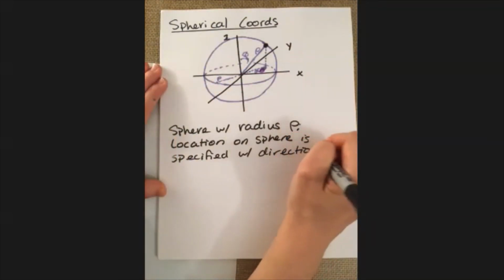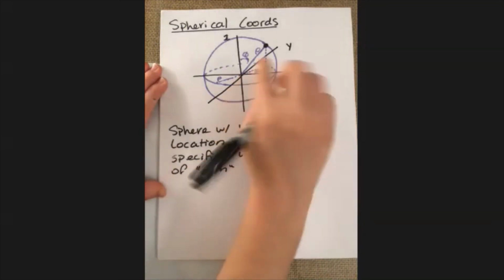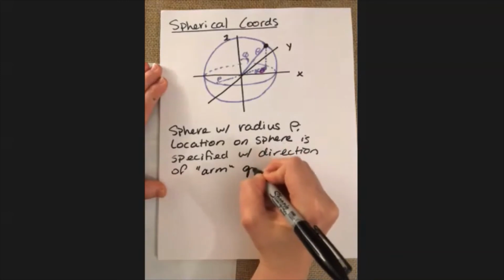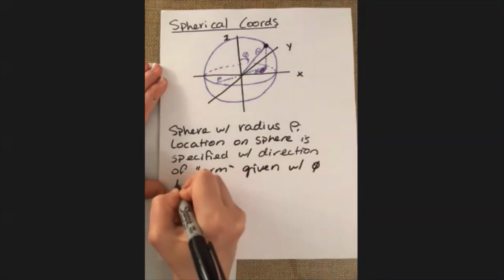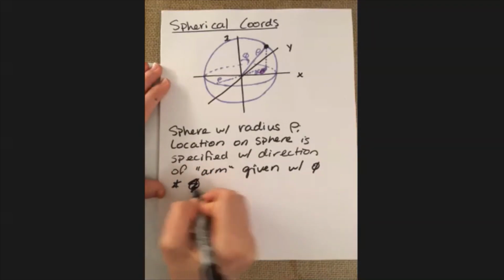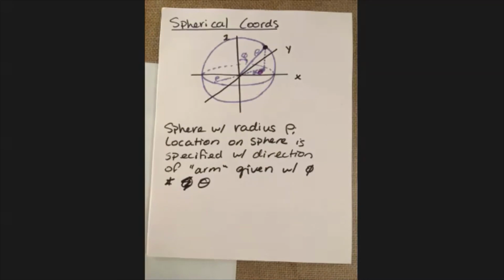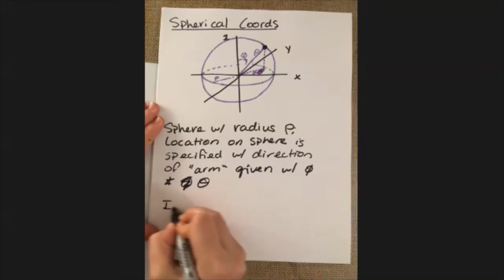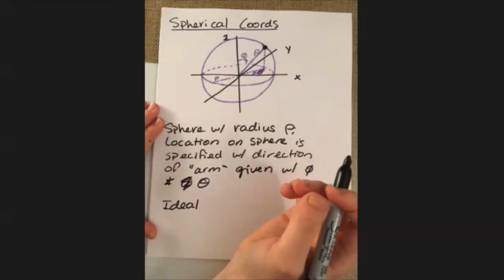So it's the direction of the arm that has length rho, and that direction is given by the combination of phi and theta. Okay. So since everything here is in terms of spheres, where things are located on spheres, this works really well with surfaces that are round everywhere, okay?